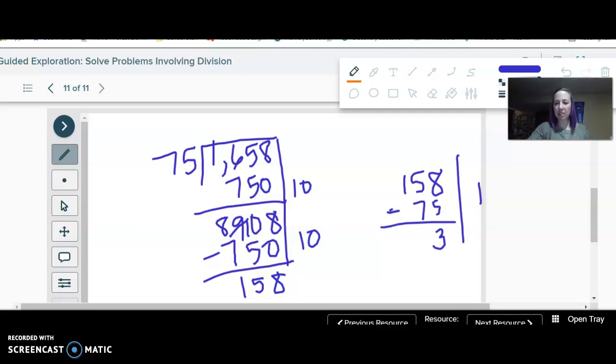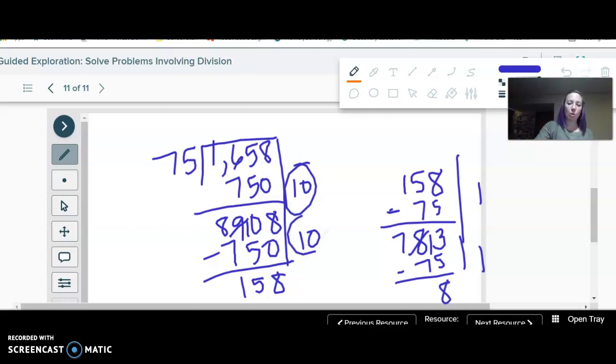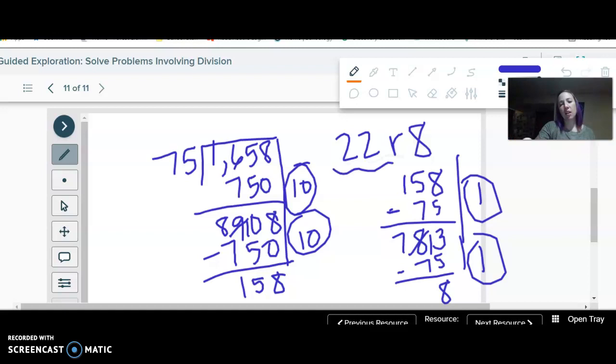In the time it would take me to guess and check and get as close to 158, I think I can just subtract another group because I knew it wasn't too much bigger than 75. 8. All right. So we can see we have 22 remainder 8 as the quotient and the remainder.